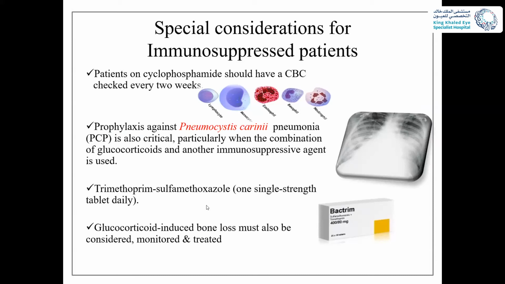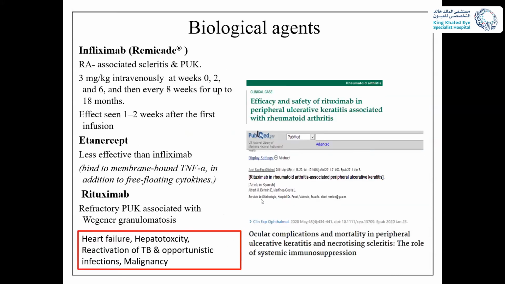Most of these considerations will be done in conjunction with the internal medicine specialist or the rheumatologist. We have to be also aware of glucocorticoid-induced bone loss, and it should be monitored and treated if needed. The biologic agents are an excellent standard for treatment.